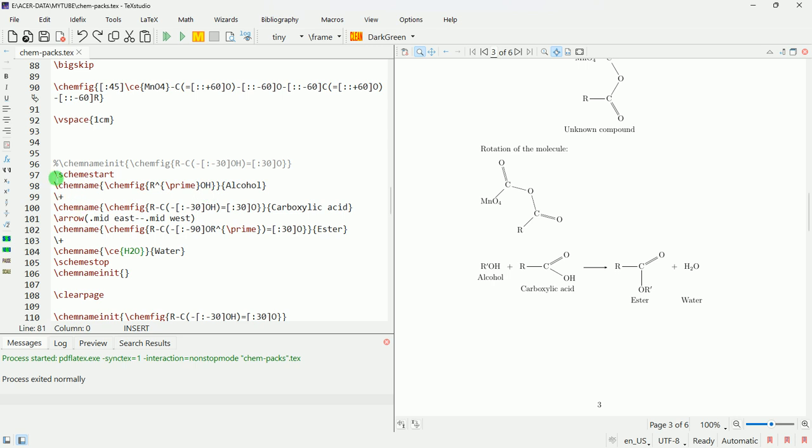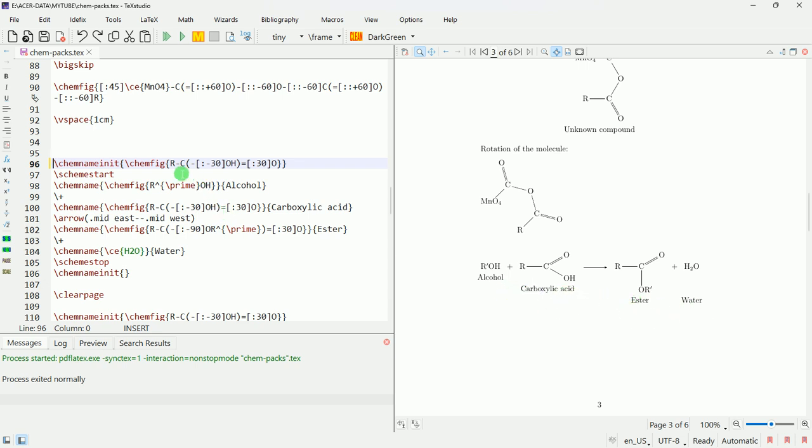So this initialization of chemname, if this percentage sign is removed, what I am asking is to take this level as the level for everything. Now this one will take this level unless its own level is much deeper than this. Here I can see that ester is already deeper than this carboxylic acid.